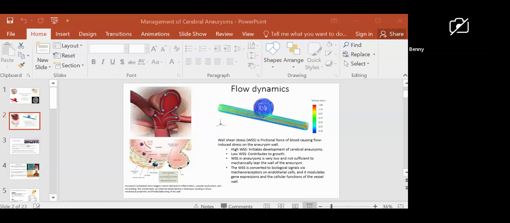The risk factors for aneurysm growth and development: smoking is one of the main preventable risk factors. The other risk factors include hypertension, advanced age, alcohol use, atherosclerosis or plaque buildup in the blood vessels.